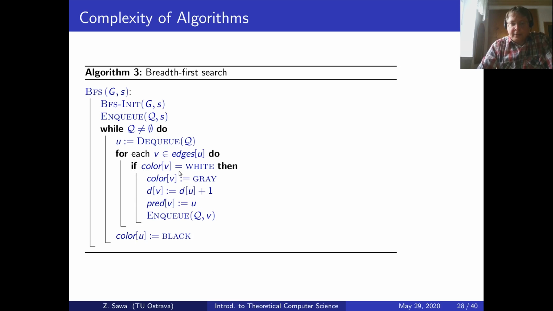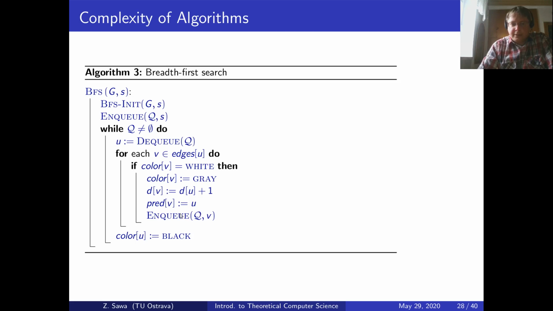And so for white nodes, v is now colored gray. The distance of v is set to the distance of u plus 1. So if the current distance of u is 5, the distance of v will be 6. And for this node v, node u is set as its predecessor.